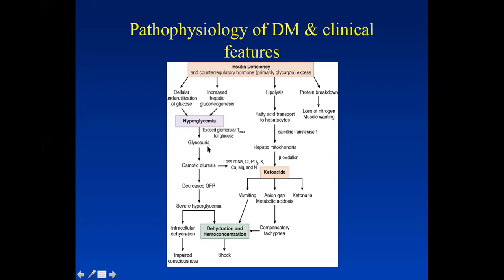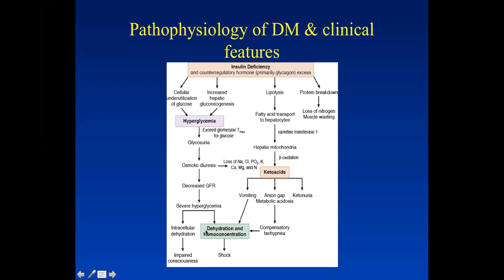Glucose is an osmotically active substance. So when the glucose in the blood goes beyond a certain point, that causes osmotic diuresis, which leads to loss of a lot of water as urine. This can contribute to pre-renal renal failure, causing reduced GFR.